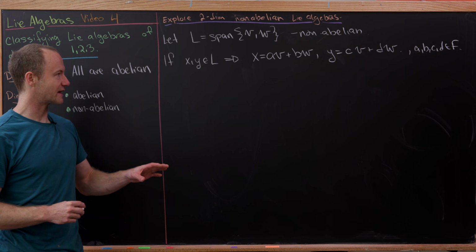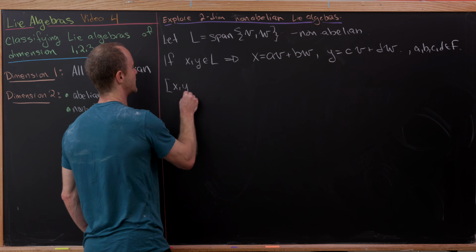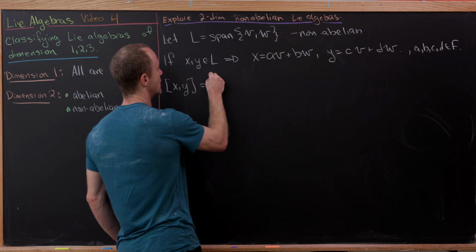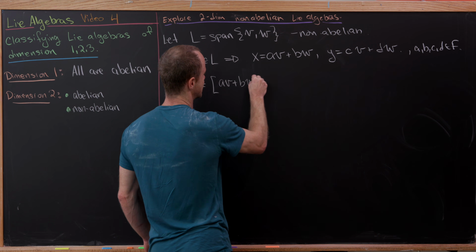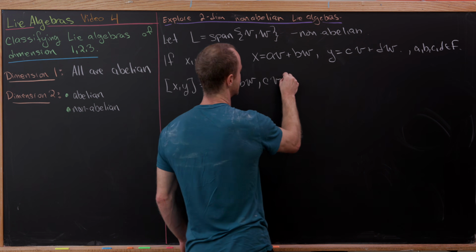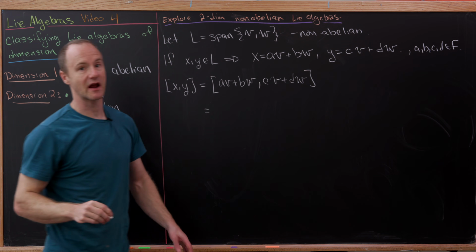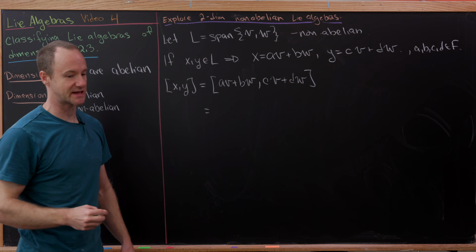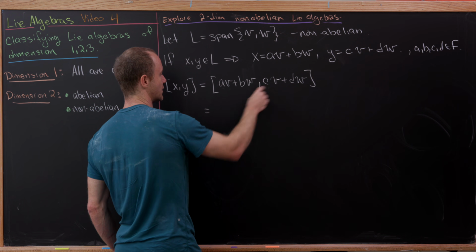Okay, so now what I'd like to do is calculate the bracket of x and y and see if we can get anything out of that. Well, note that that's going to be the bracket of av plus bw with cv plus dw. But now by the linearity here, we can expand this out. So note that we'll have a times c times v with v.